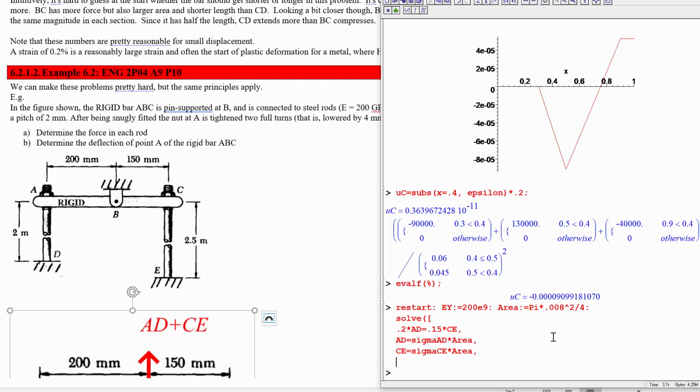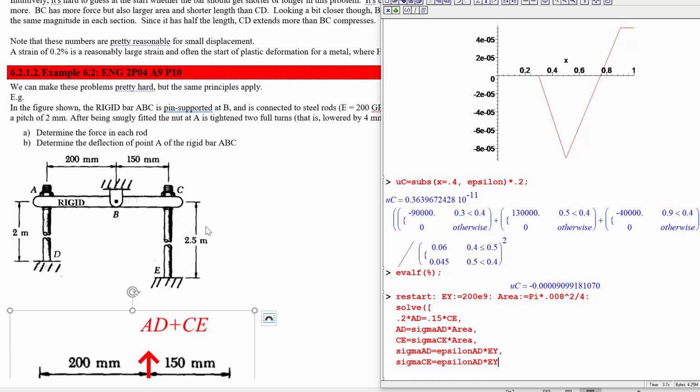Now, what about the stresses? Sigma AD is equal to epsilon, the strain in this thing, epsilon AD times the Young's modulus. And then same thing for the other one. So the stress in CE is equal to the strain in CE times the Young's modulus, same Young's modulus. Now what about the length change?